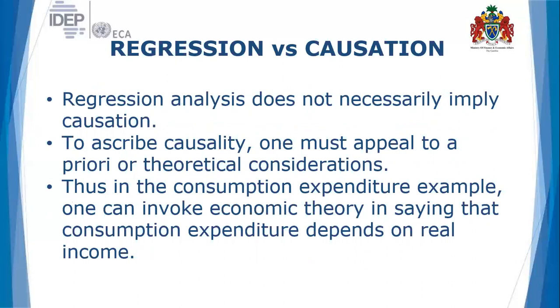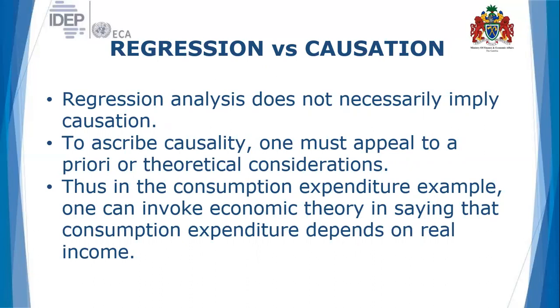Another relationship that we must be focusing on is regression versus causation. Do they mean the same thing? Regression analysis does not necessarily imply or help the evaluator to establish causation or cause-effect relationship between dependent and independent variables.